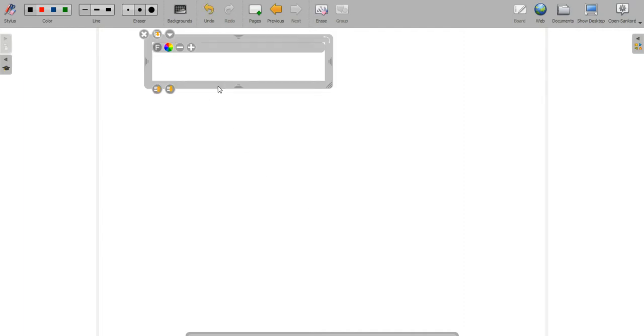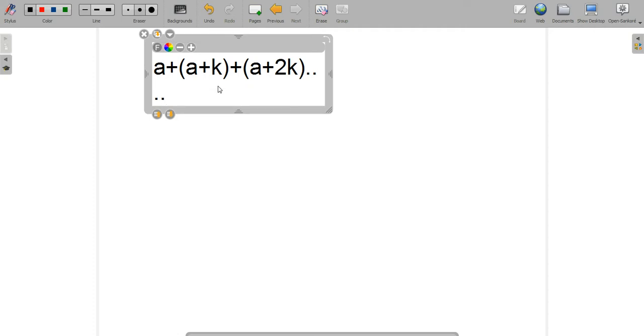Okay. So first, we start with a random number. Let's call this number A, right? And then you're adding a number, which I guess we'll represent with K. That's the change from that first number to that second number. And you basically keep on just doing this, adding 2K and 3K and 4K until you get to A plus NK.